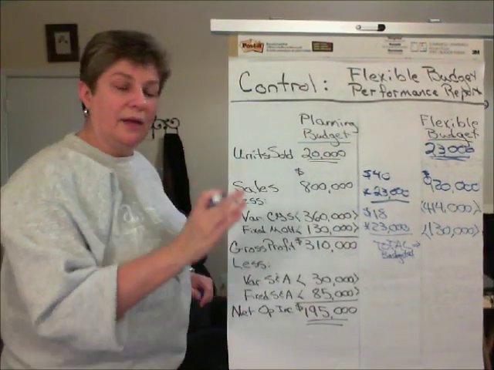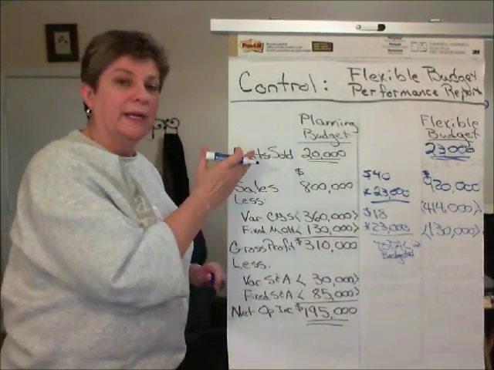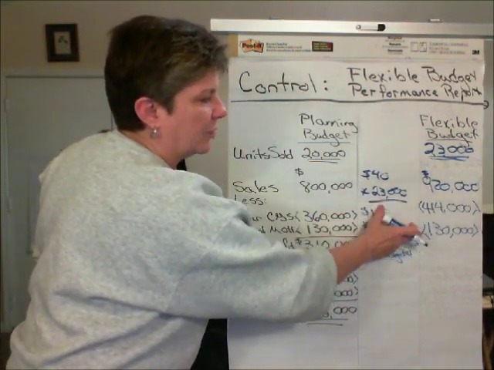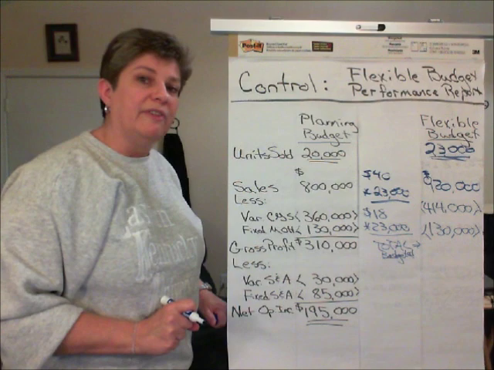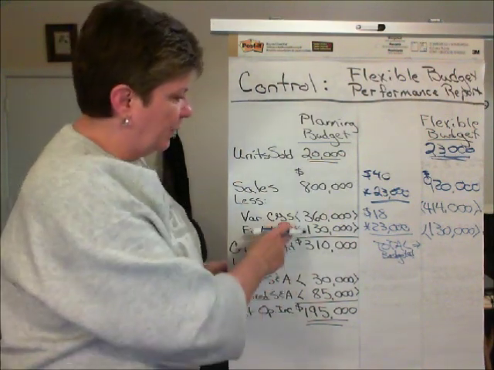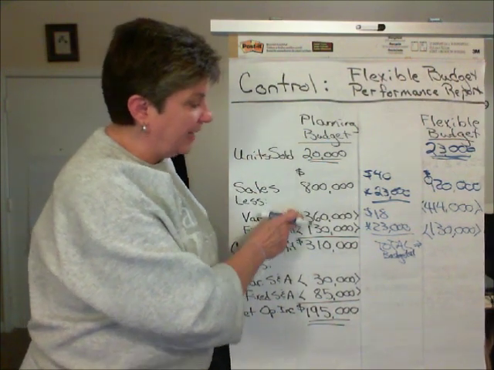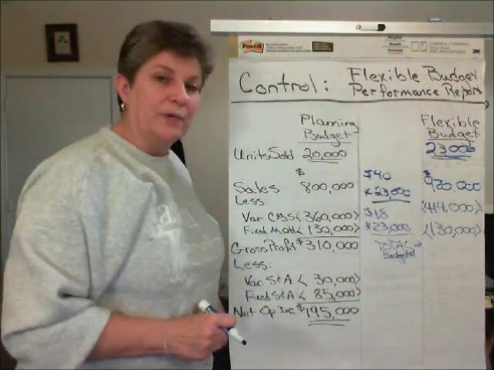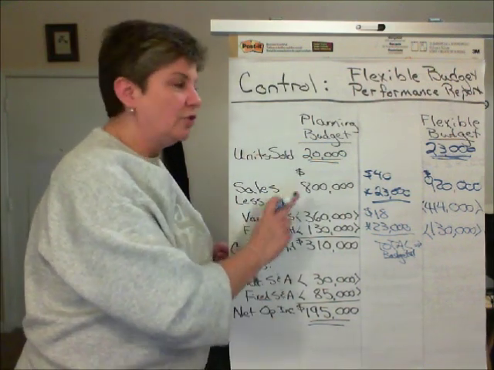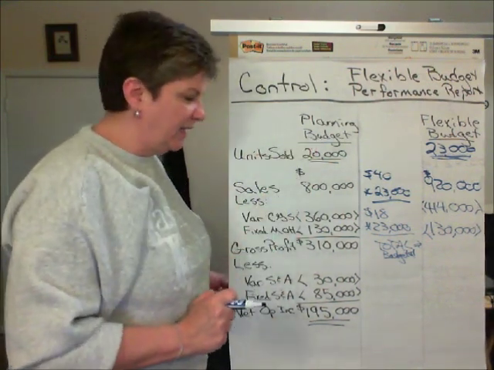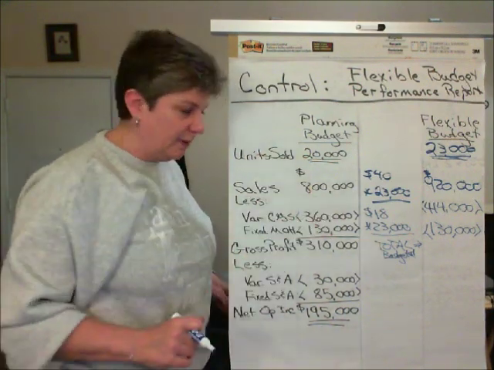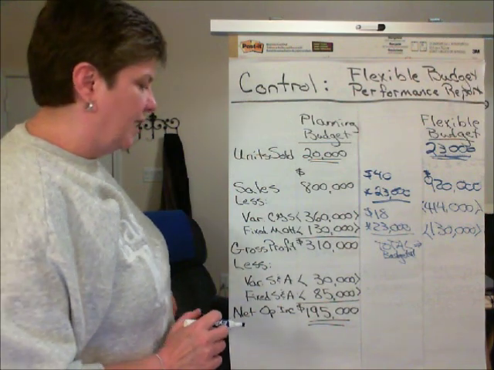So our manufacturing cost of goods sold, the $414,000 and $130,000, should have been a total of $544,000. But the planning budget was $490,000. So we would expect that variable cost should increase as activity increases. Now, quickly, let's finish out the flexible budget column for the selling and administrative.